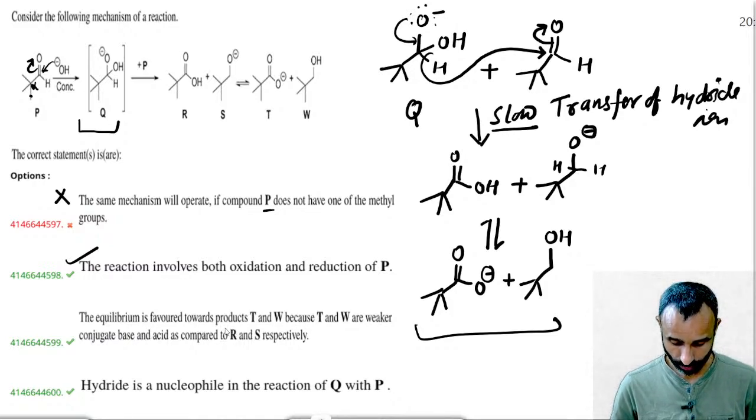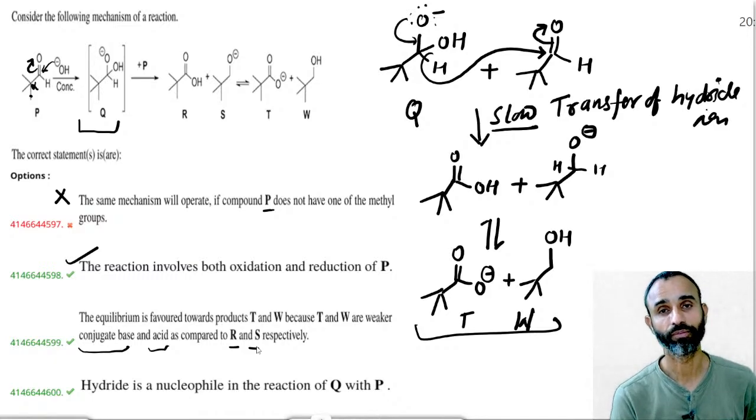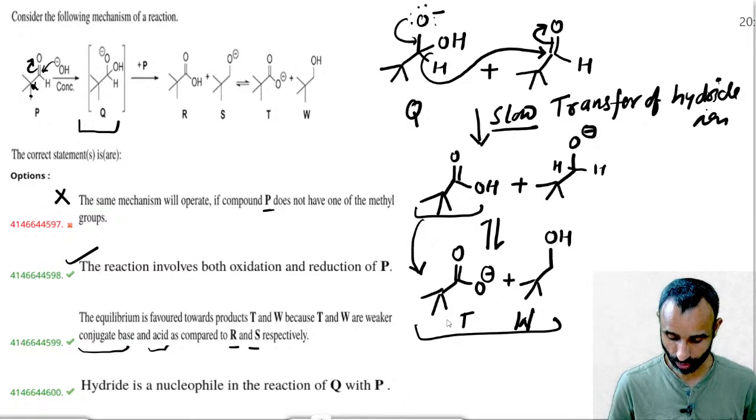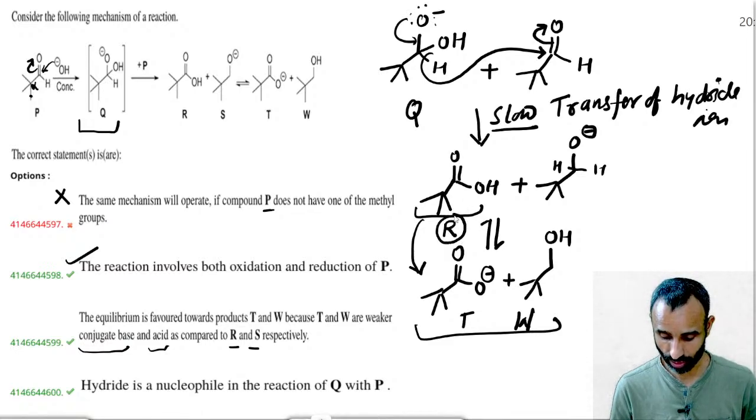Equilibrium is favored towards T and W, because T and W are weaker conjugate base and acid as compared to R and S, right? This is a stronger acid, so it has a weak conjugate base. If we compare alcohol and carboxylic acid, carboxylic acid is a stronger acid than alcohol. So W is a weaker acid.